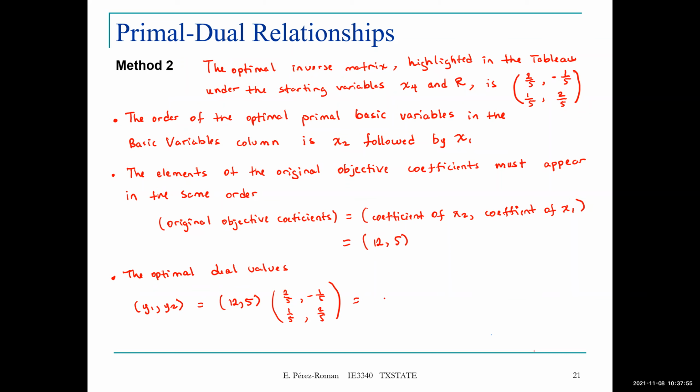And this is going to be equal to 29 over 5 and 2 over 5, which are the same values that we obtained with method 1. Okay.